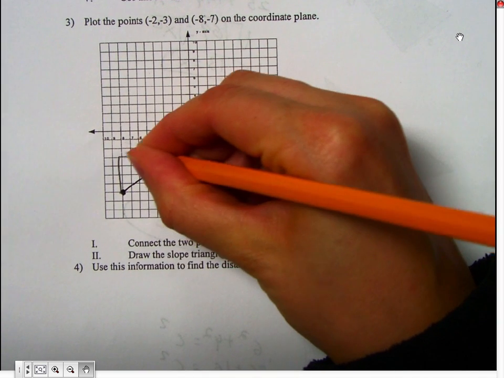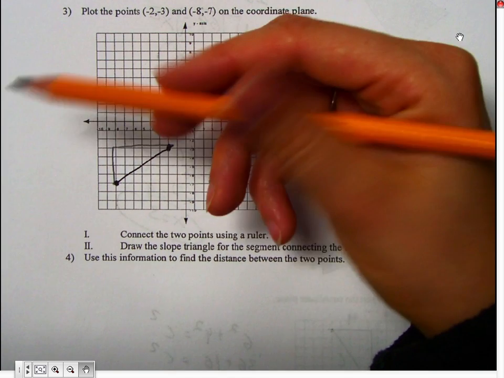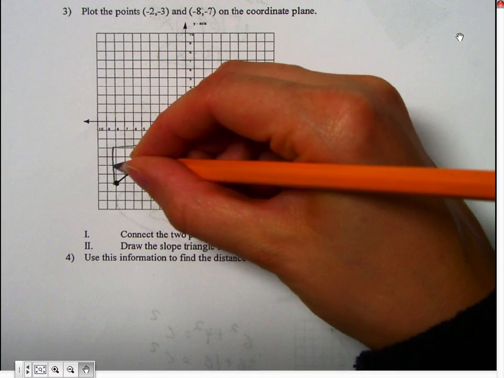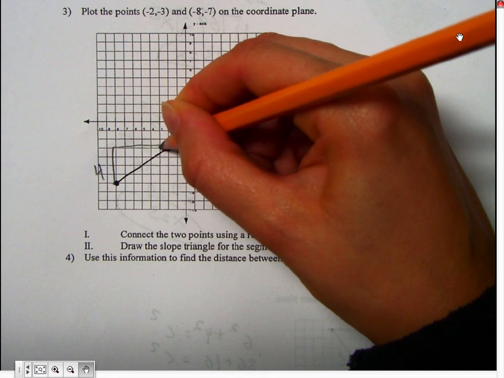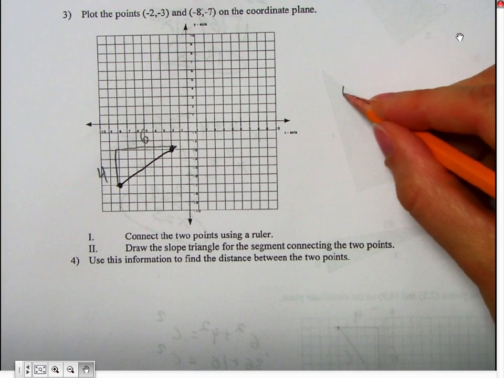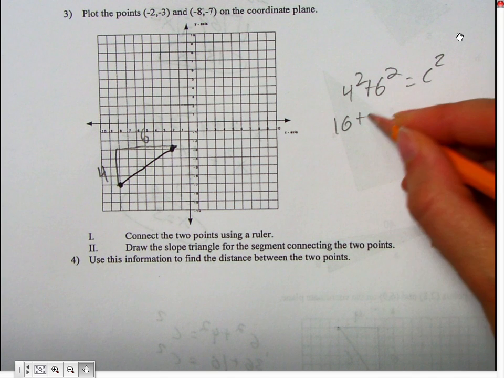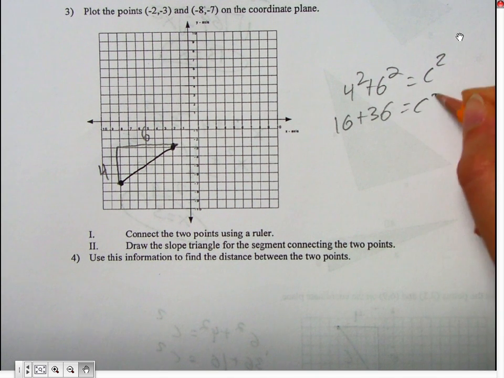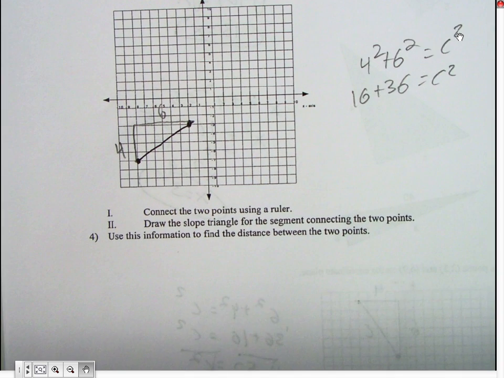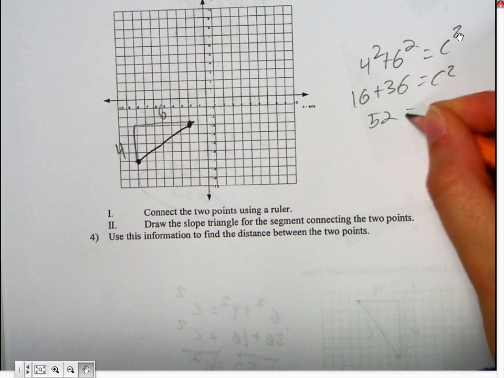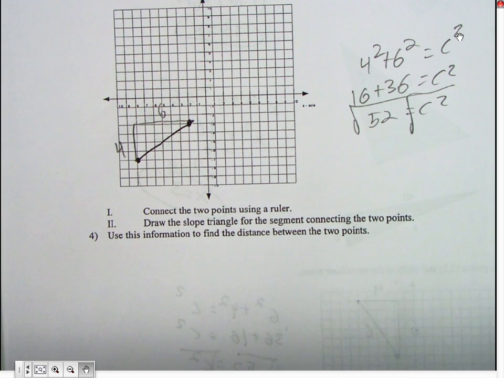I like using two different colors, one pen, one pencil, so I can see the difference. I think it's easier. We go 1, 2, 3, 4. 1, 2, 3, 4, 5, 6. 4 squared plus 6 squared equals c squared. 16 plus 36 equals c squared. 52 equals c squared, and we know the square root of 52 is 7.2.